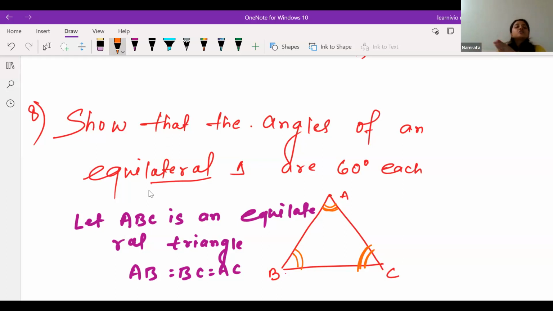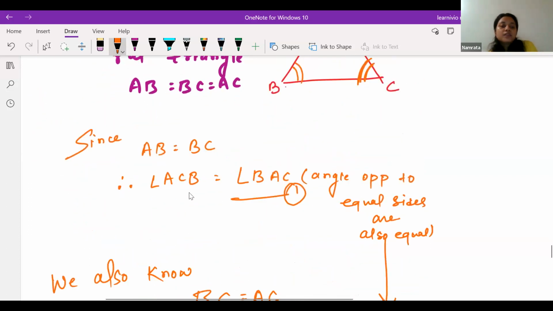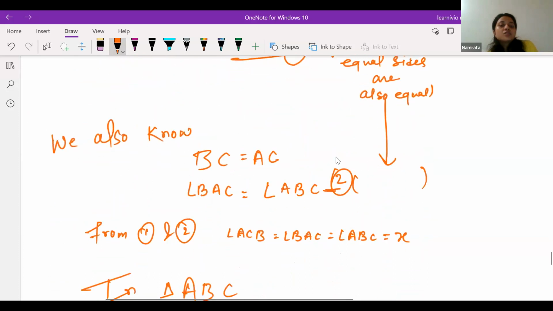Now, the next two sides, that is BC and AC, I have also taken as same, and the byproduct is that the opposite angles are same. Since sides are same, opposite angles are same. Here also, since sides are same, opposite angles are same.